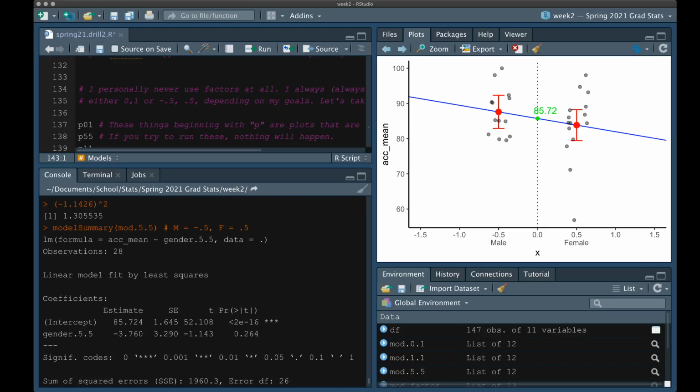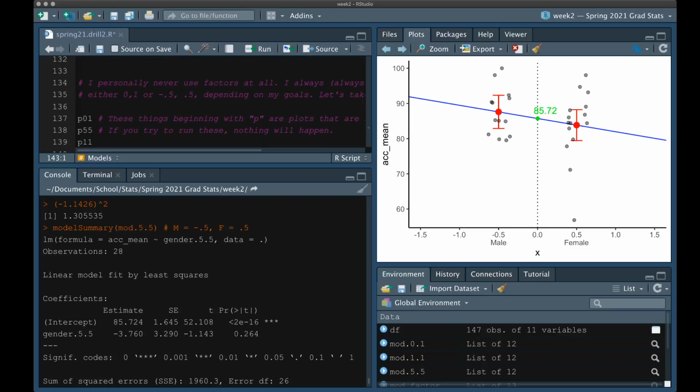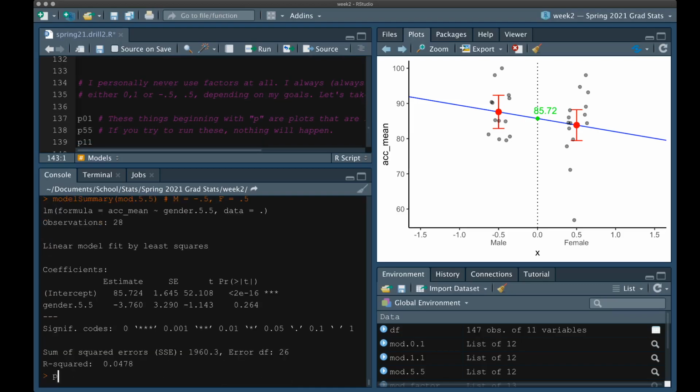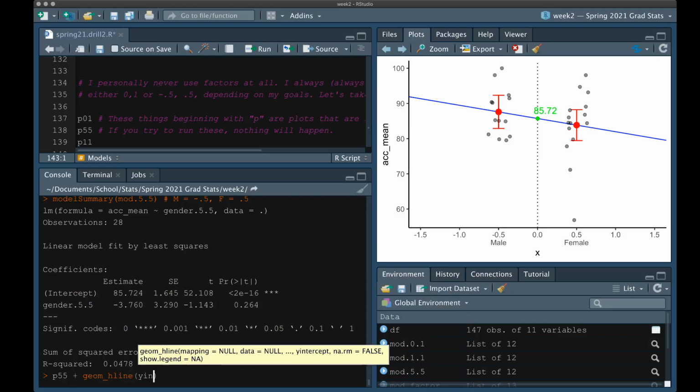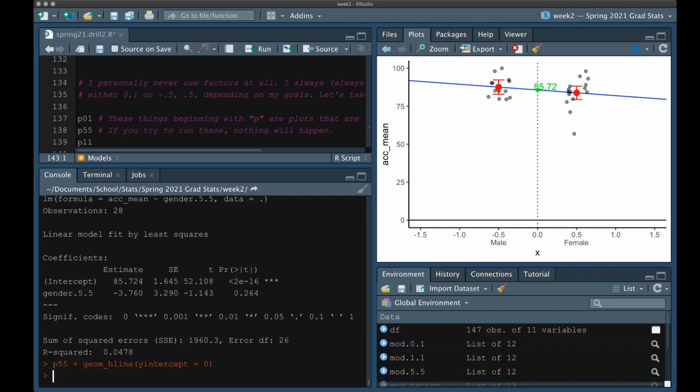If we just do p55 plus geom_hline, oops, sorry, that should be 85.72.